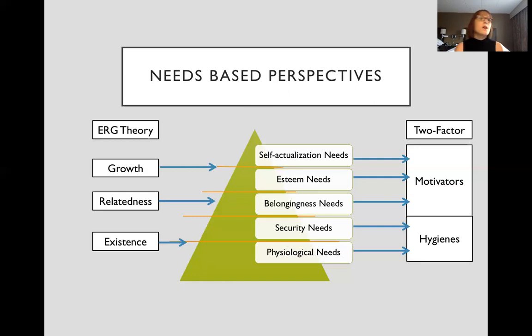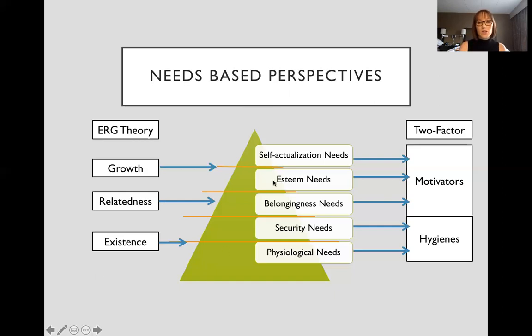And the factors that make sure that your employees have the bare level of satisfaction are different than those that make sure that they are fully satisfied and therefore performing at their best. So those factors that just make sure they aren't dissatisfied are called hygienes. These once again get at things like security needs and physiological needs, that an employee who works in a safe organization that is providing their base salary is not dissatisfied.